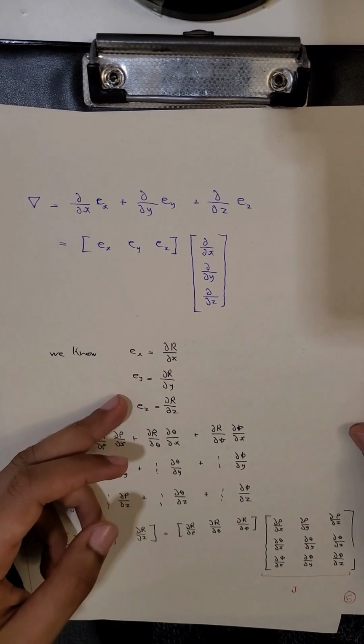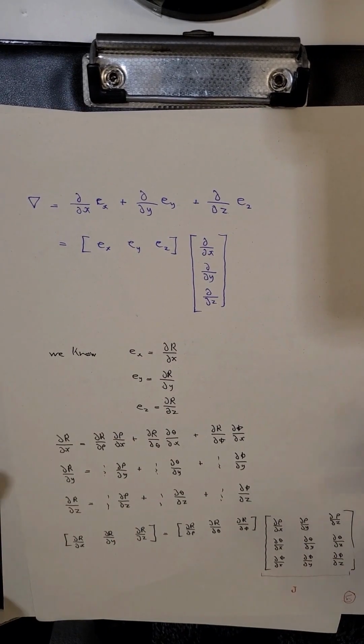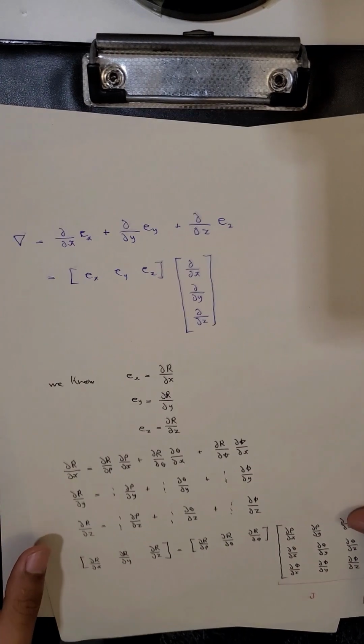These are trivial because we're representing r using ex, ey, and ez, so it comes out very naturally. But this is very useful when you are finding the basis vectors for some arbitrary coordinate system.